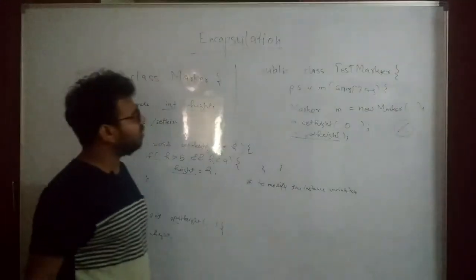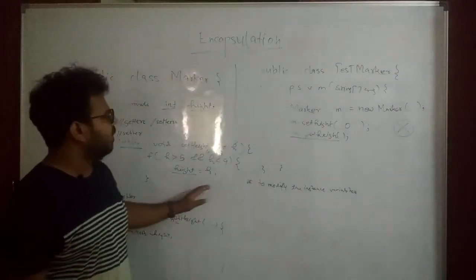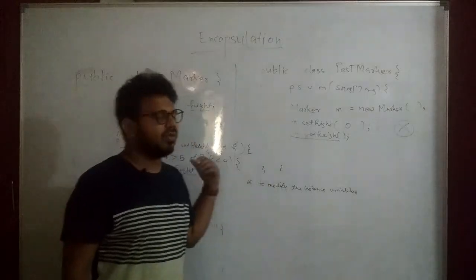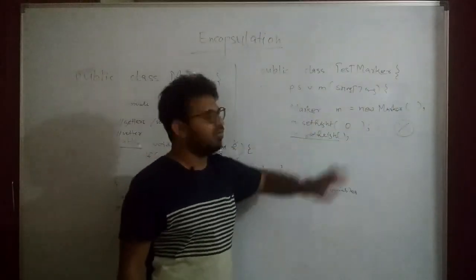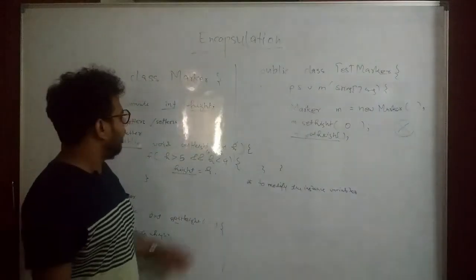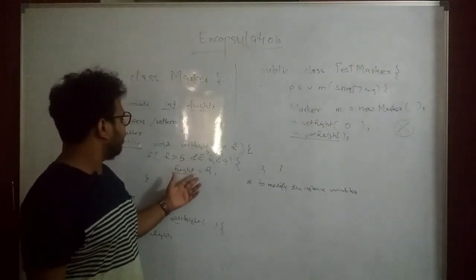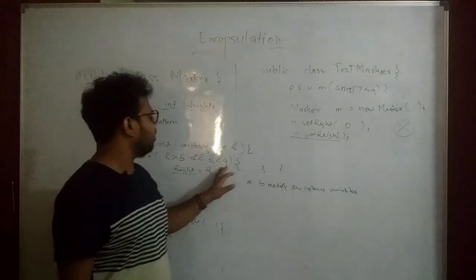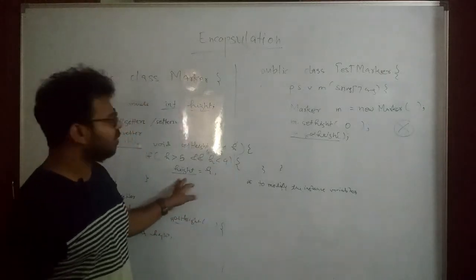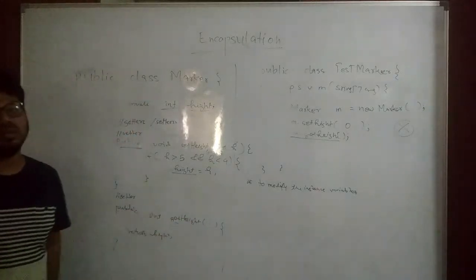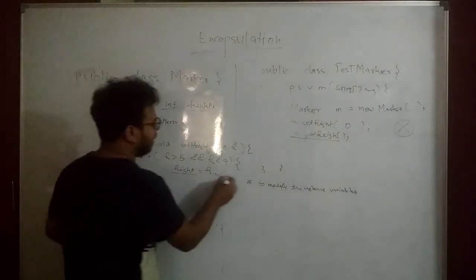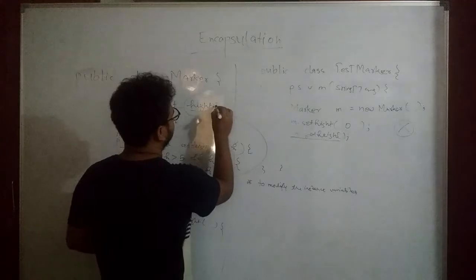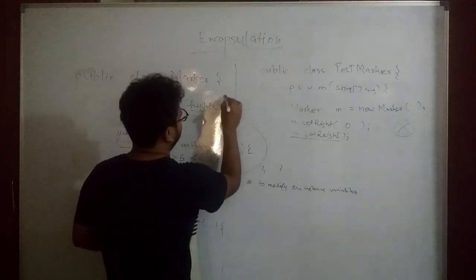Now think of a scenario. What will happen if someone, developer B, comes and sets the height as 10? Suppose he sets the height as 8. Then the height of the marker will be 8. But it is not going to permanently change the height of this marker. Suppose the height of this marker was 7.